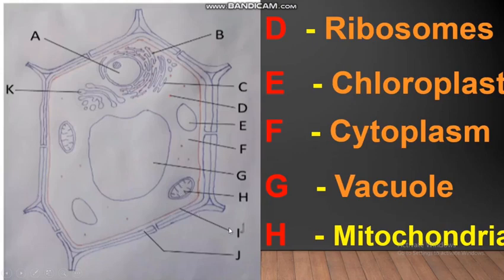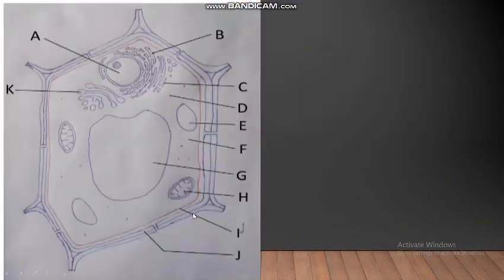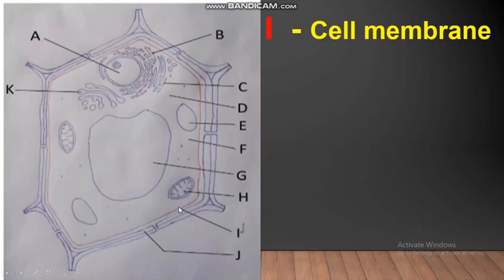We are now remaining with I, J, and K. Let us now look at the structure labeled I. We have the structure labeled I right here. I'm sure you are able to see this structure where my cursor is pointing. What is the name of the structure labeled I? This is the cell membrane. What is the function of the cell membrane?